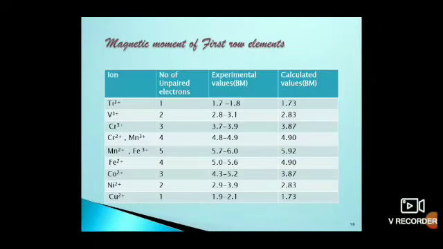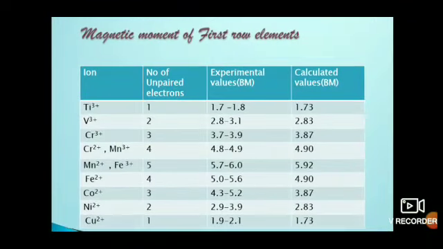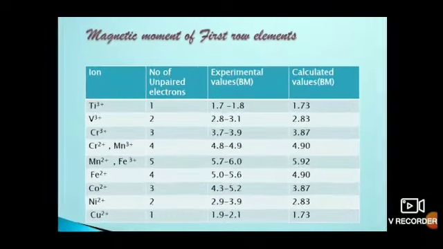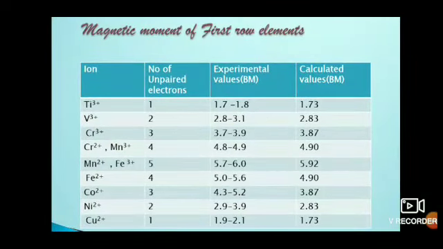Okay, next coming to the magnetic moment of the first series elements. For example, if we take 3d series elements like scandium to zinc, for magnetic moment they need some unpaired electrons, so we can consider from titanium to copper. Some are tripositive and the others are dipositive ions, and the number of unpaired electrons present in those ions is given clearly.